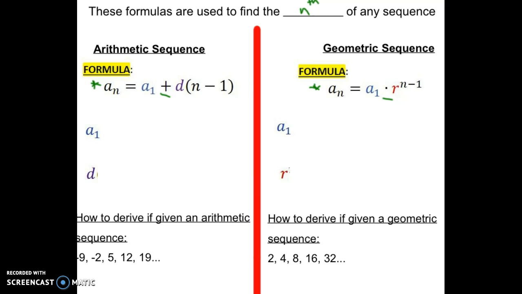The two that will change are my a sub 1 and d. That's what I've labeled down here. A sub 1 will always equal the first term in the sequence. A sub 1 will change and d will change, like I just said. D equals the common difference.